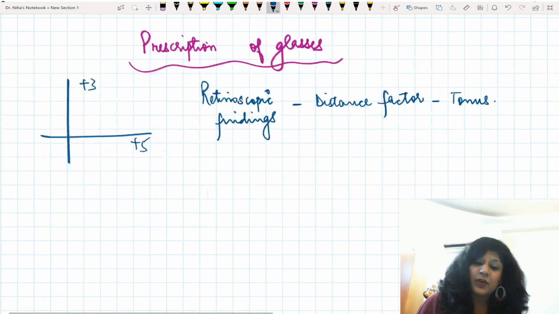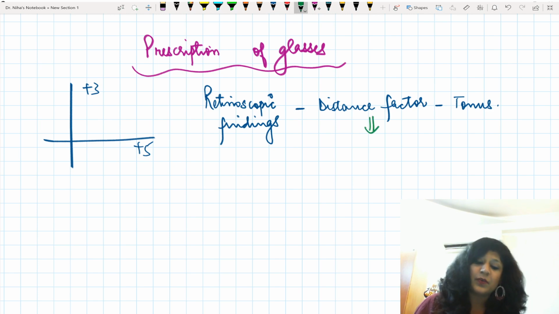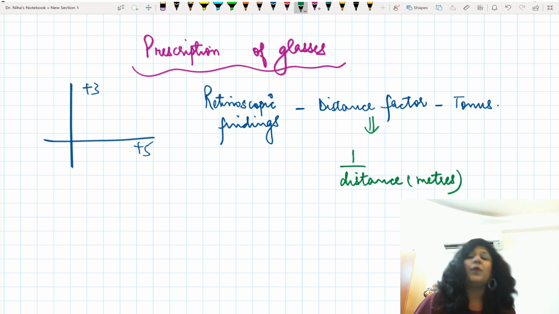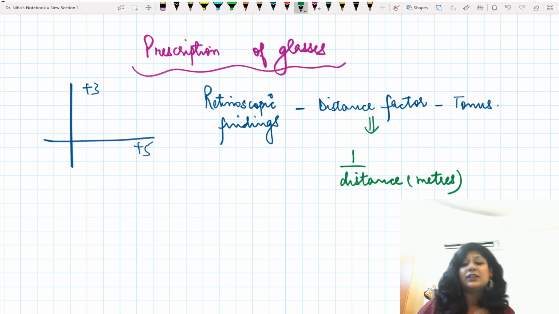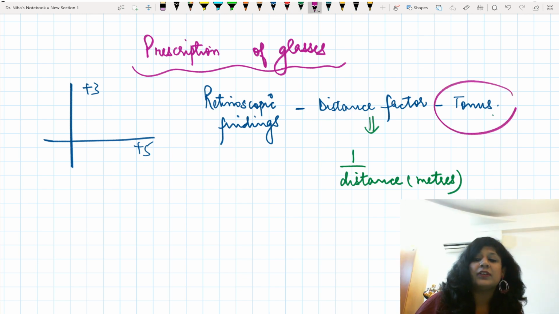Now how to calculate this distance factor? This will be equal to 1 upon the distance, and distance is taken in meters. So 1 upon distance in meters, you take the distance from which you have done the retinoscopy, you have to reduce that factor, and then we have to also deduct the tonus.